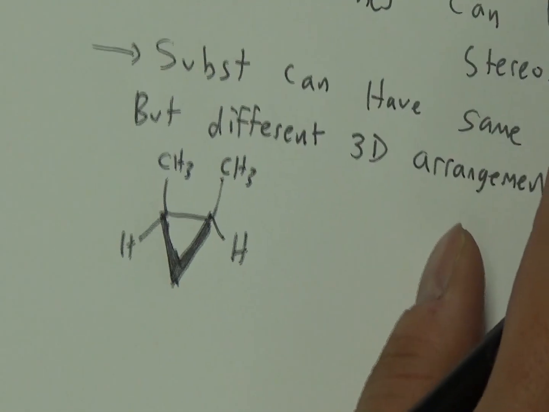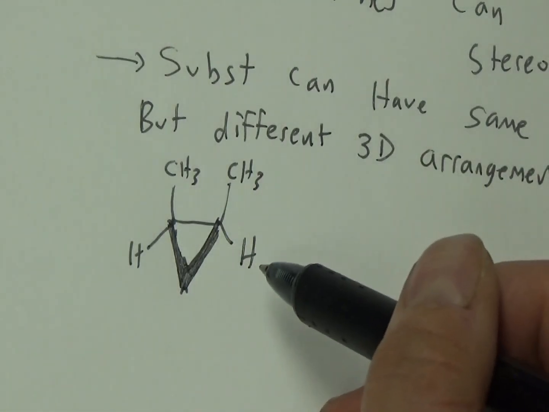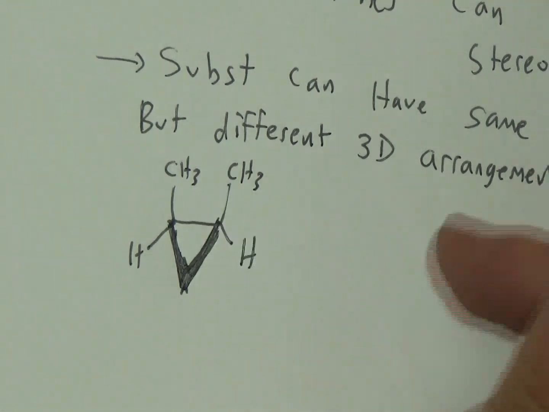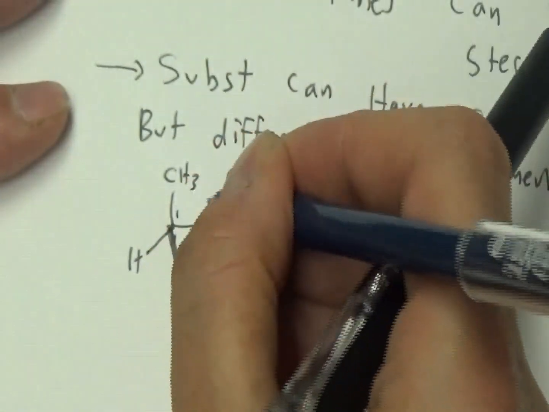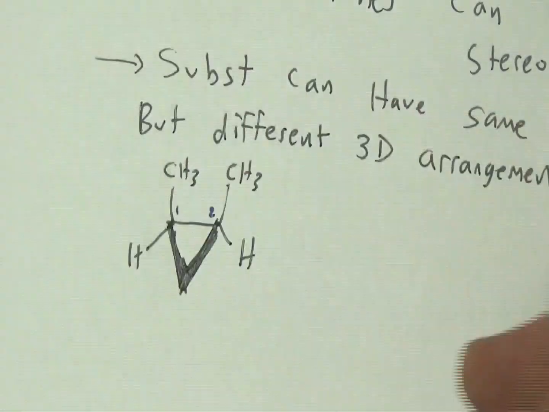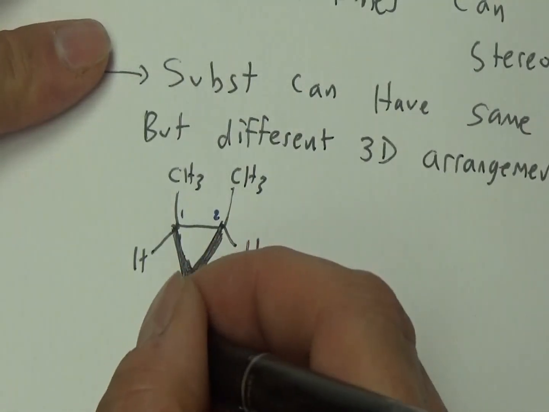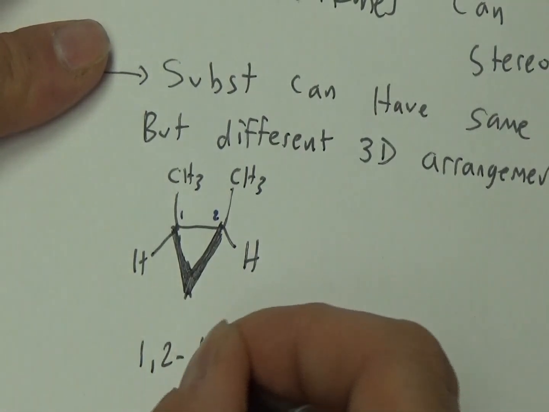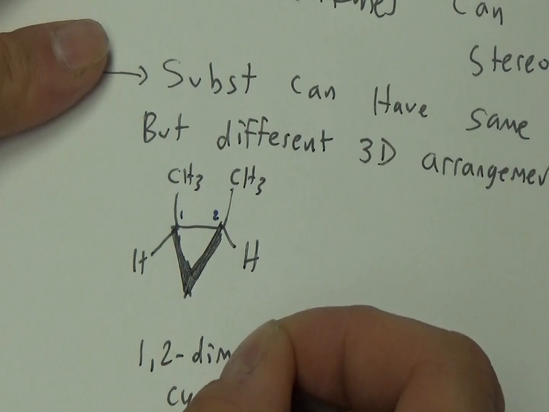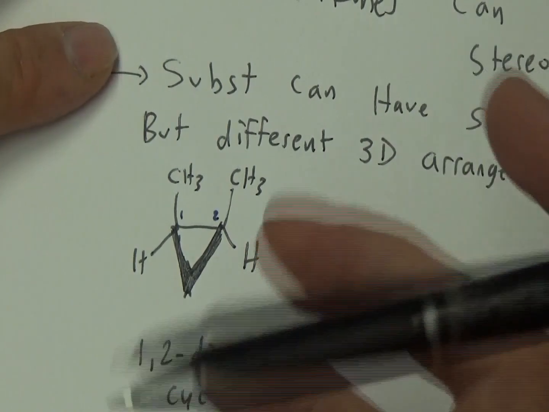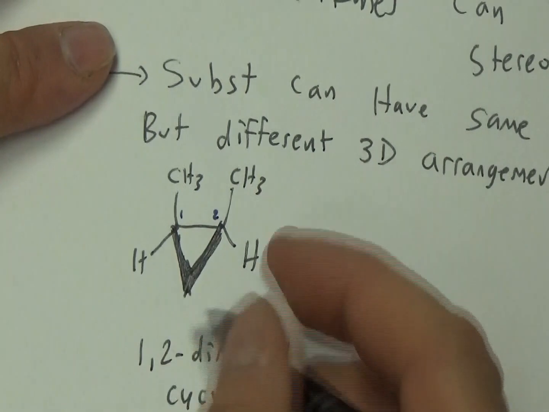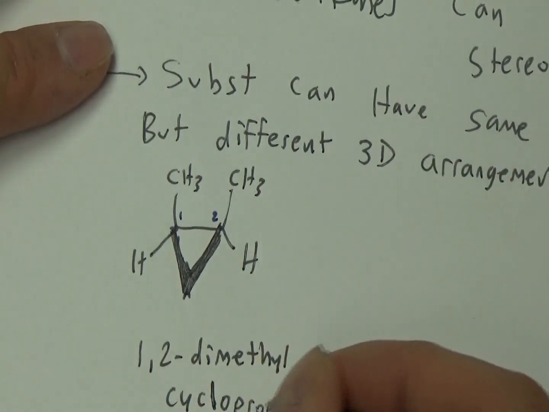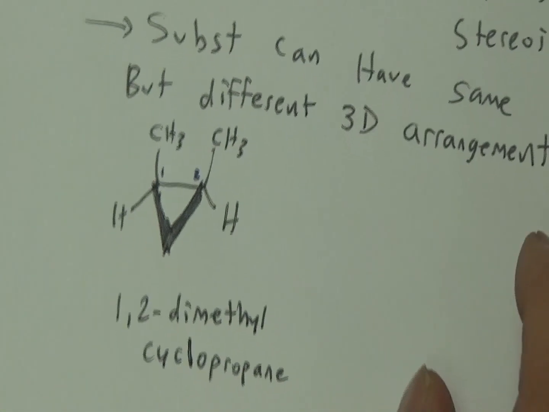So this molecule, what's the name, ignoring the stereoisomerism? It's something cyclopropane, right? And what's the numbering? It's 1,2-dimethylcyclopropane, right?